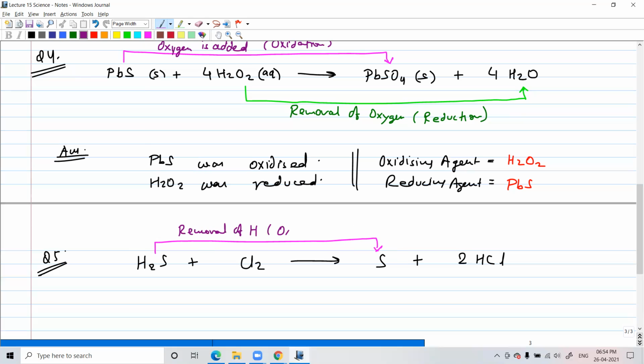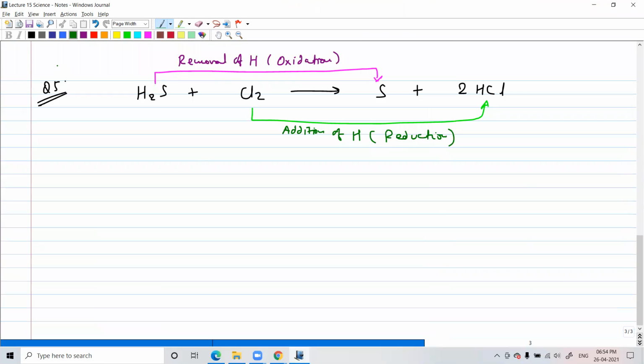Removal of hydrogen is oxidation, and addition of hydrogen is reduction. So answer the 4 questions.